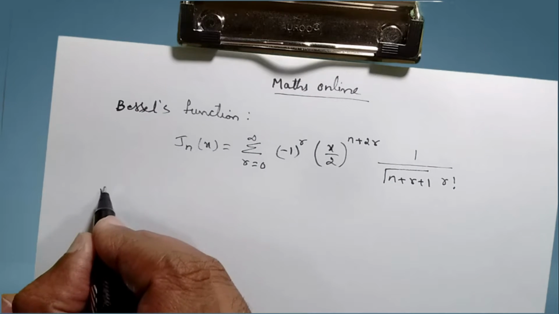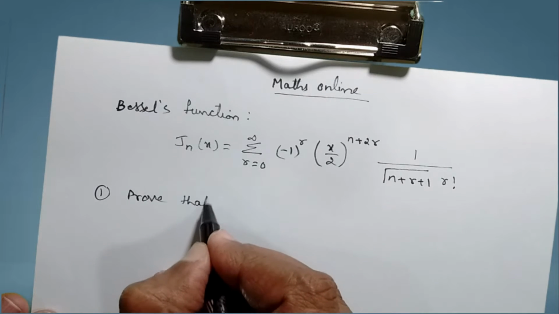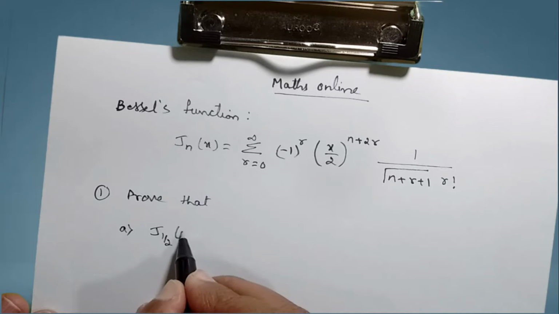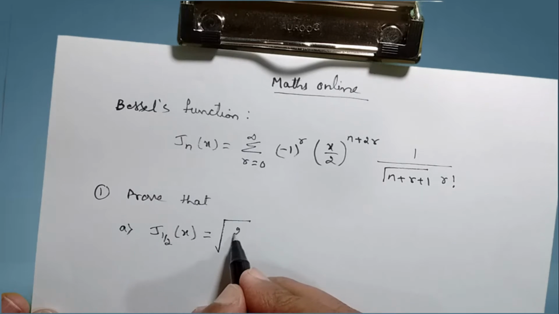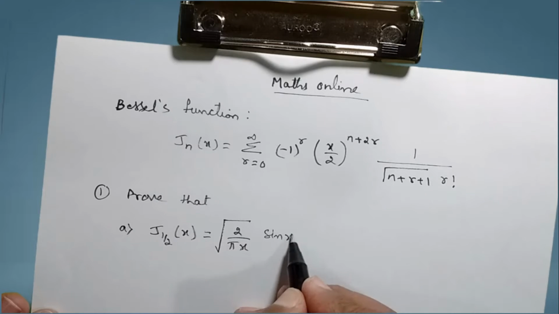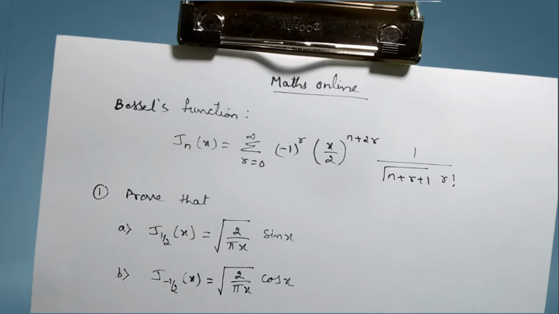The first question is, prove that J half of x equals the square root of 2 by pi x into sine of x, and J minus half of x equals the square root of 2 by pi x into cos of x.